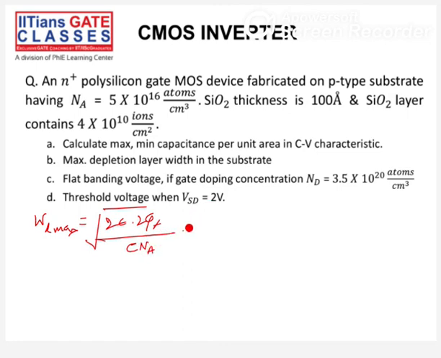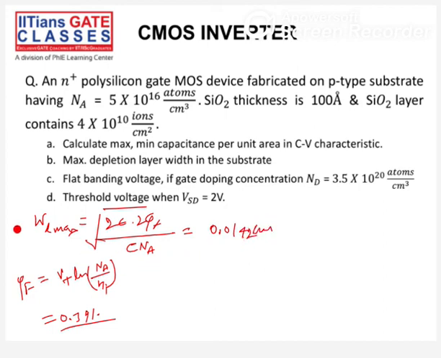If you keep all the values in here, we'll get it, but phi f we need. Phi f is how much? It is Vt ln of Na divided by Ni. From this, we can get the value 0.391. And if we keep all the values here, what we will get? 0.14 centimeter. Okay, so this is our one part.